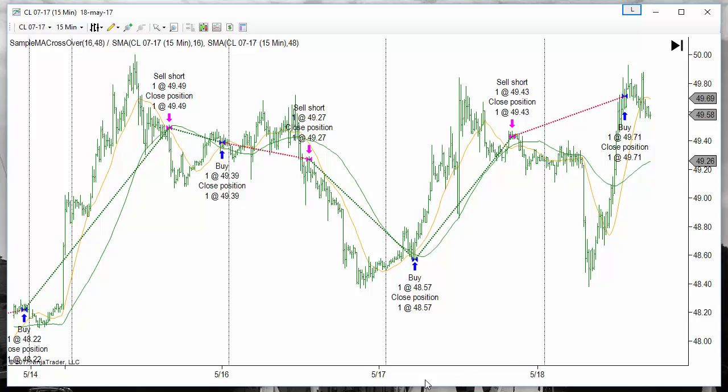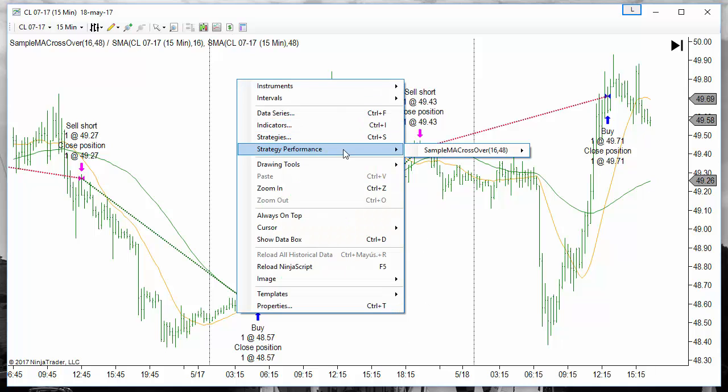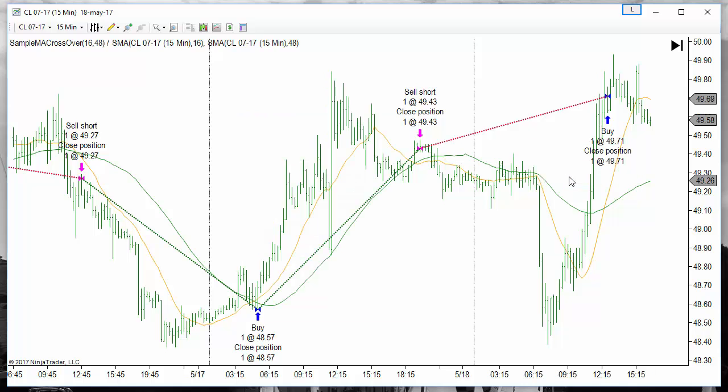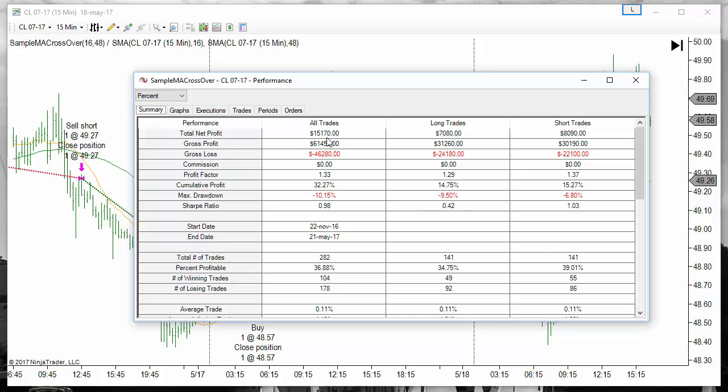This is not the best combination. It is usually better to have a target and stop, but this is a good example to test the performance reports on NinjaTrader with this very simple trade setup. As we can see, changing this setting, we improved the total net profit and also the profit factor.